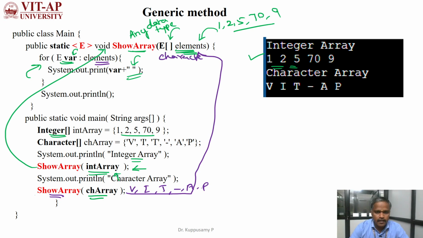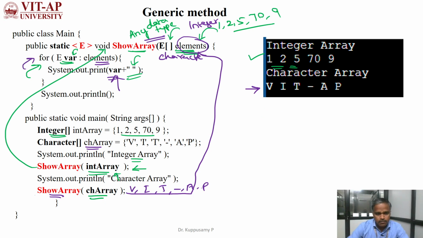Previously the data type was integer, now it is character. That is the main purpose of the generic method with type parameters. It prints all the values available in the character array, stored in elements, which are accessed through this var using the for each loop.